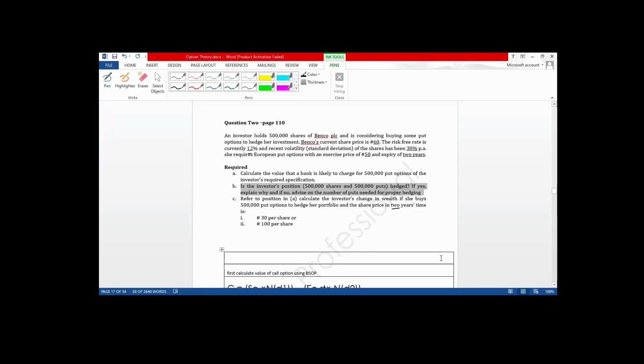Let's try to explain the requirement. This investor has 500,000 shares in the company. She now decided to buy 500,000 put options on the assumption that one share is equal to one put option.